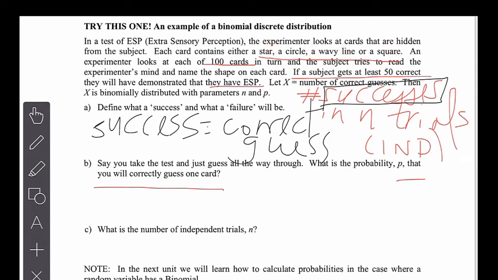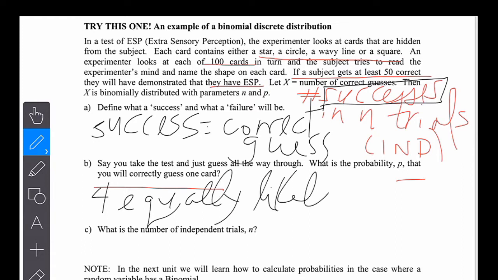If they're just guessing, there's 4 possibilities, and we know from probability rule number 2 that the probabilities of all the possible outcomes need to sum to 1. So since they're equally likely, there's 4 equally likely outcomes, because he's just guessing. There's no reason for him to think at any given point that one image is more likely than another image.